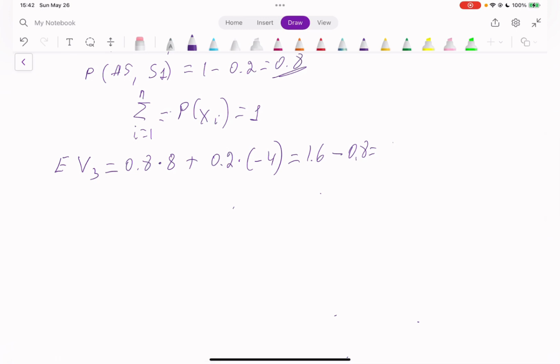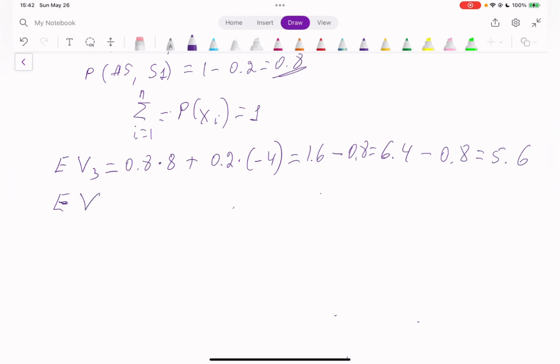We have 6.4 minus 0.8, correct? Okay, so that's going to be 5.6.